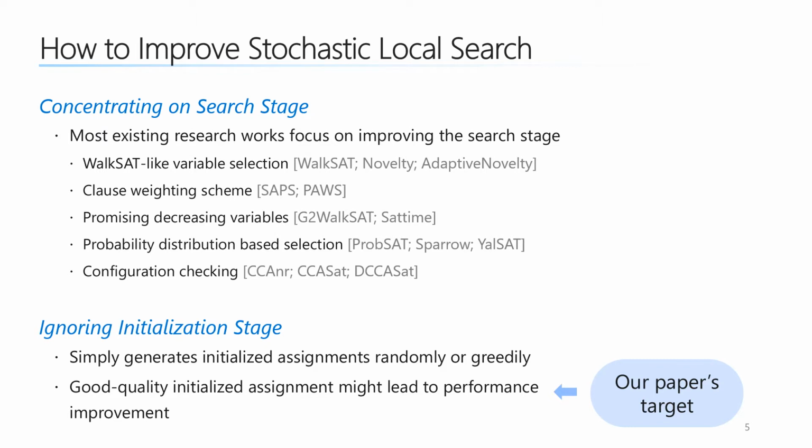In the context of SLS for solving SAT, the initialization stage is ignored. As discussed before, SLS solvers usually use very simple initialization methods, such as generating initialized assignments randomly or greedily. However, a good quality initialized assignment might lead to performance improvement. As a result, in our paper, our target is to enhance the initialization stage.